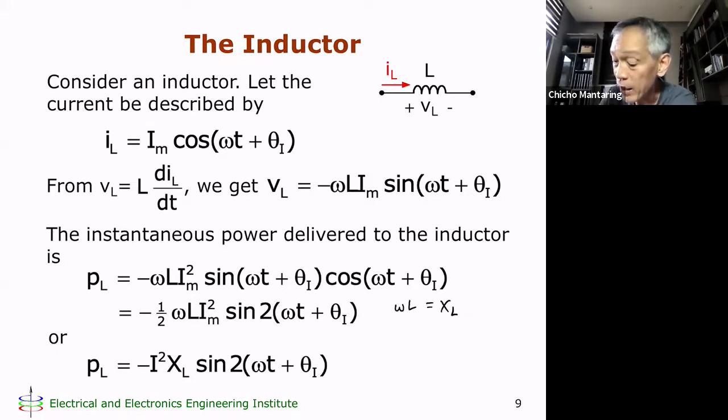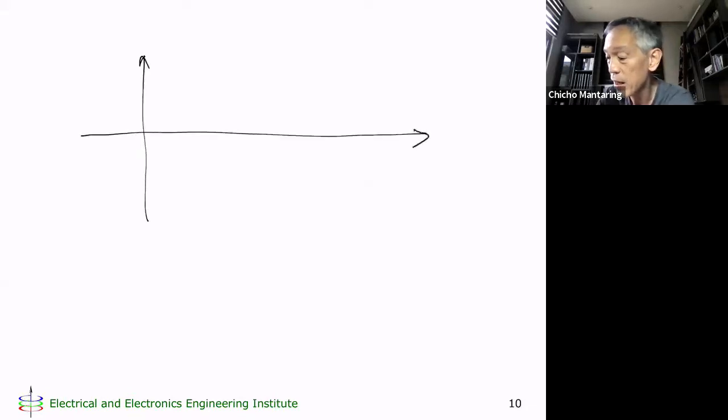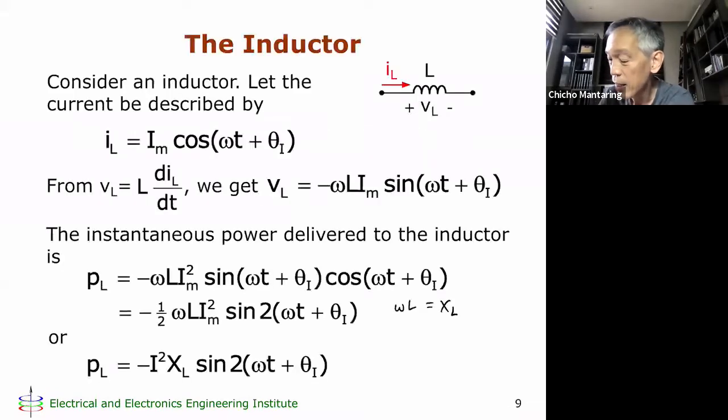What does this look like? Ano magiging itsura nito graphically? So graphically, I have sine 2 omega t plus theta I. It looks something like this.